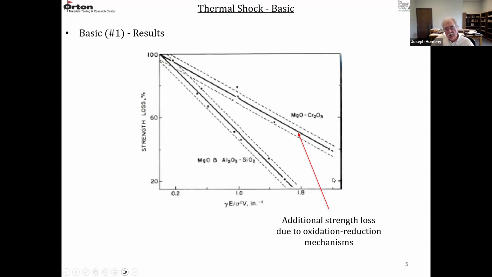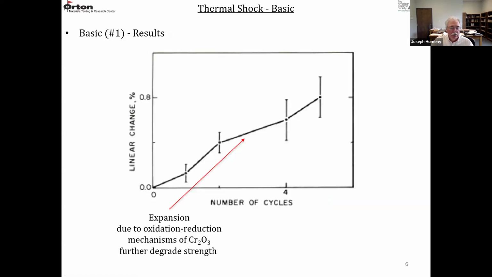This had a separate curve, and the mag chrome materials go through oxidation reduction reactions with the Cr ion. So that causes volume expansions and microcracking. So that's probably why this has a higher strength loss than these other two groups of materials, because of the oxidation reduction mechanisms. And they actually measured linear change versus the number of thermal cycles.